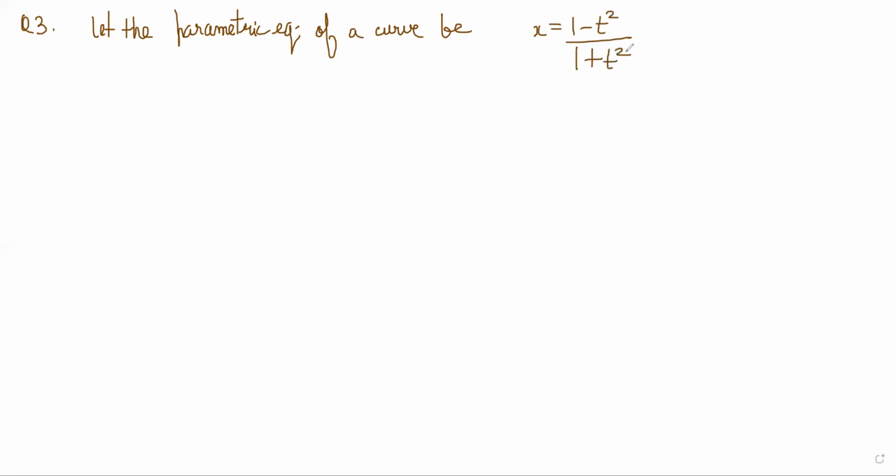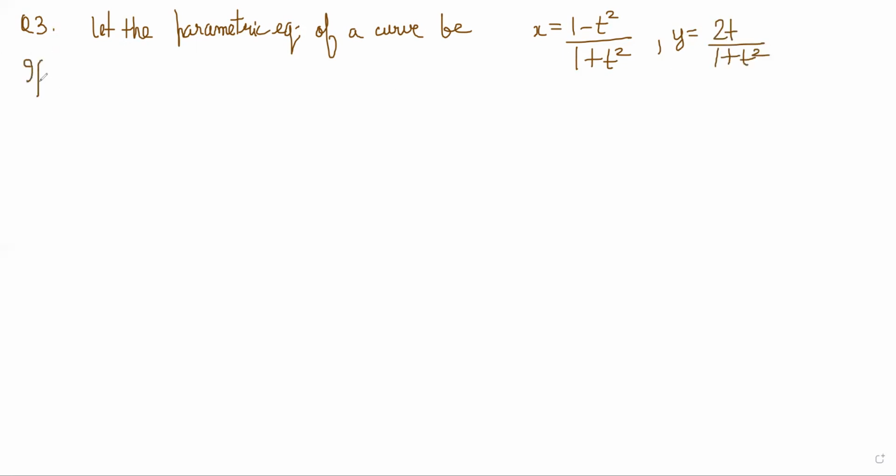And in this question, we'll learn about the concept of parametric differentiation. So the question says, let the parametric equation of a curve be x is equal to 1 minus t square by 1 plus t square, and y is equal to 2t by 1 plus t square.